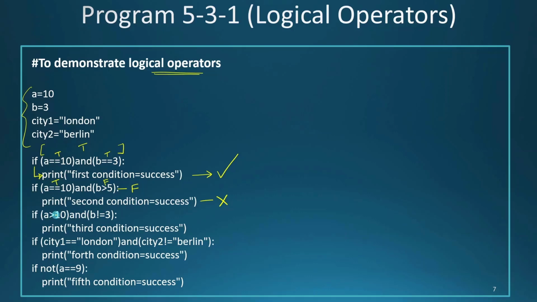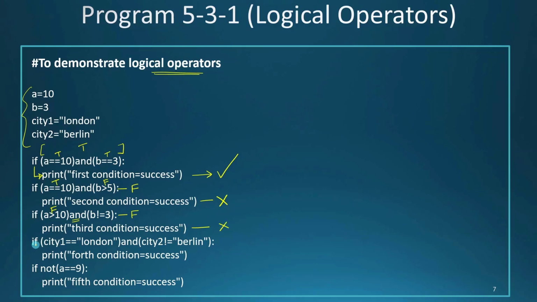There I will check a greater than 10. You can see this is false, and after that I see an AND operator. If you understand the logic, it will be clear. You don't have to evaluate the next condition, because for AND, if one condition evaluates to false, the output will be false. So the third output also will not be seen.